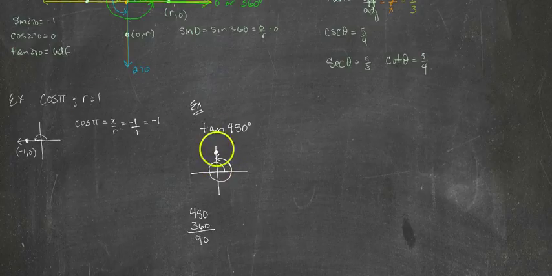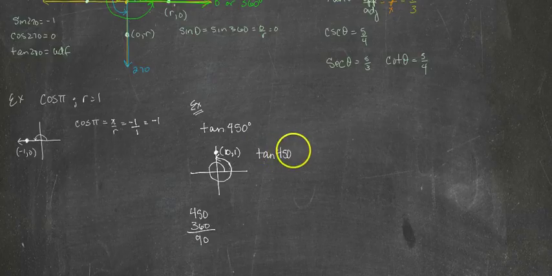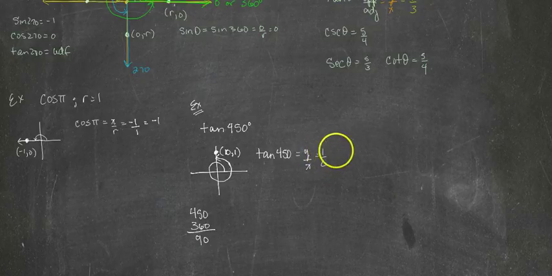The coordinates for the point on the positive y-axis with radius equal to 1 are 0 for x, 1 for y. And so the tangent of 450 equals y over x, but that's 1 over 0, and so tangent is undefined.